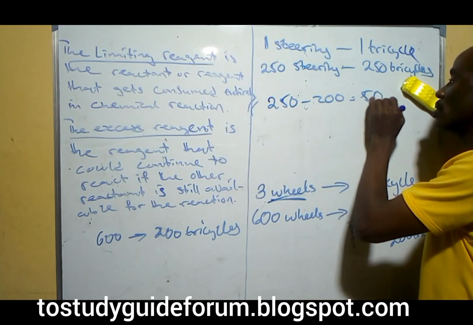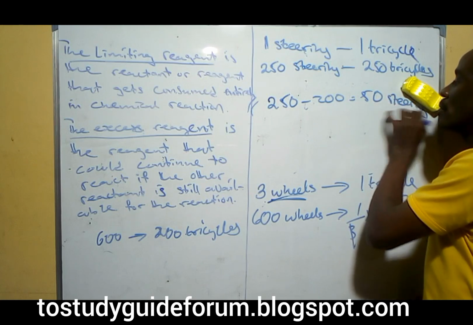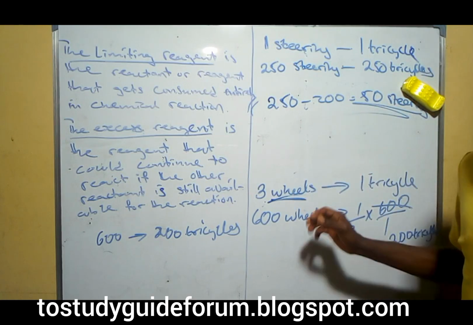That will give us 50 steerings. That is the excess.